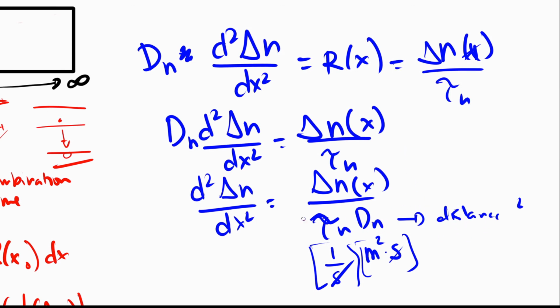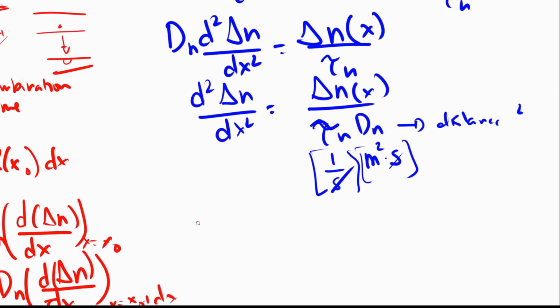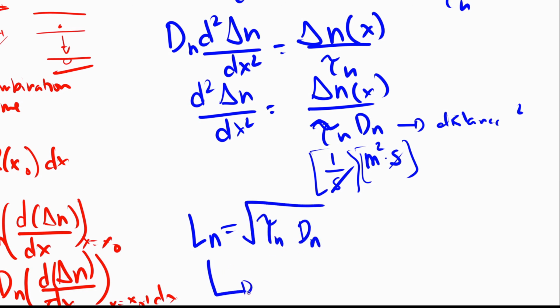So if this is distance squared, we can get the square root of this expression. We have Ln, the square root of tau n Dn, and this Ln we define as the diffusion length.